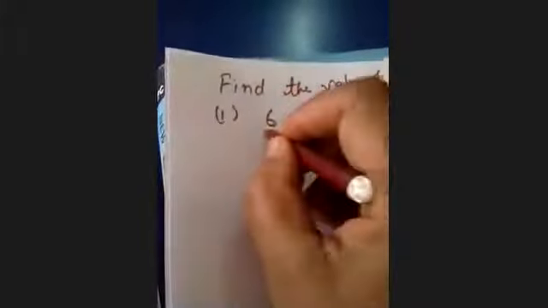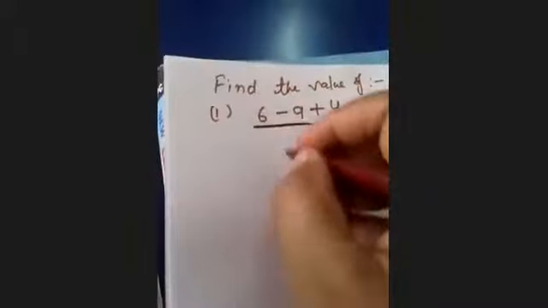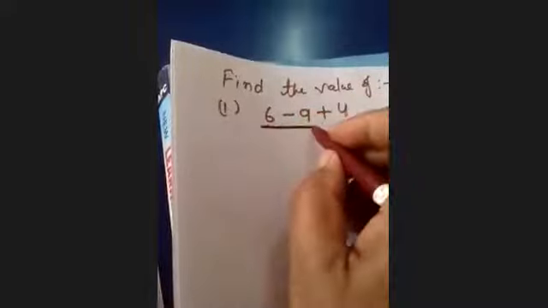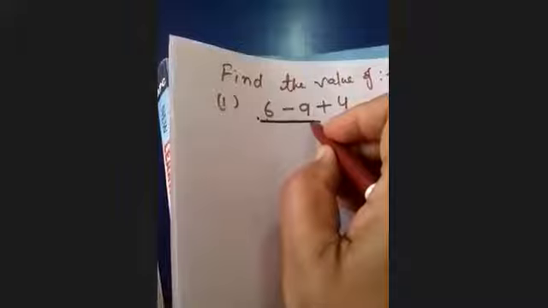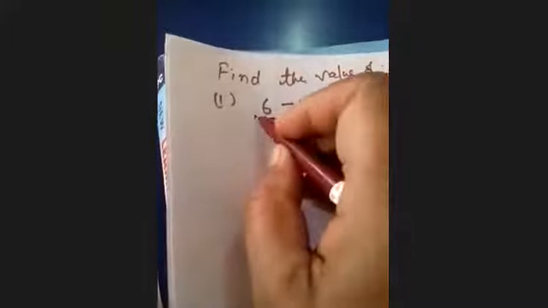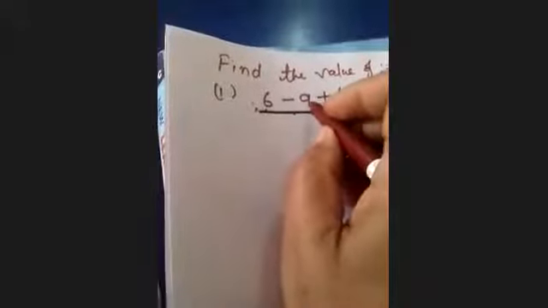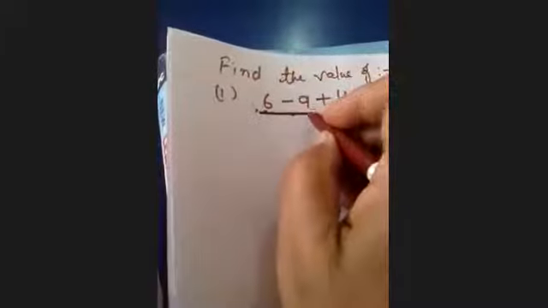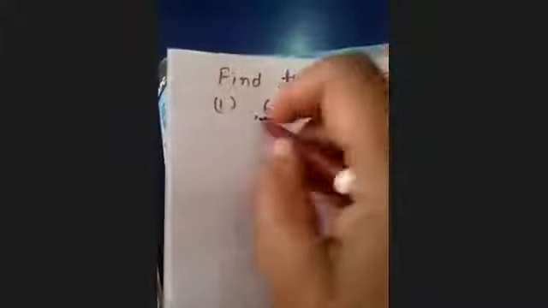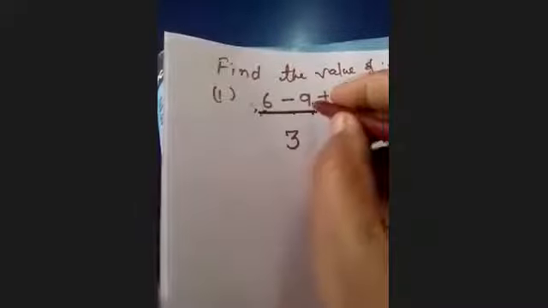First we'll solve this part, 6 minus 9. 6 is positive, 9 is negative. So plus minus is minus, so we will subtract 6 from 9. 9 minus 6, the result is 3.